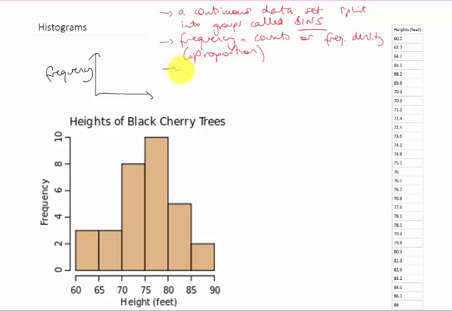So we've got the frequency on the y-axis, and then we've got the bins corresponding to groupings of our continuous data set on the x-axis. And we draw bars to represent that. Two important things about these bars differentiate them from bar charts.